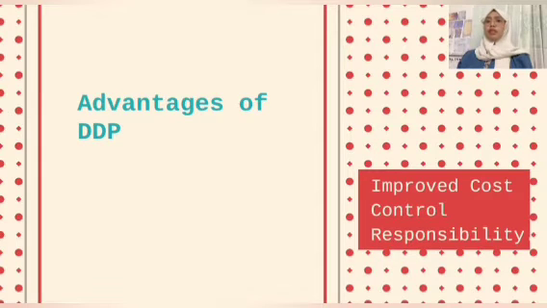Improved user satisfaction. Perhaps the most often cited benefit of DDP is improved user satisfaction. DDP proponents claim that distributing systems to end users improves three areas of need that too often go unsatisfied in the centralized model.